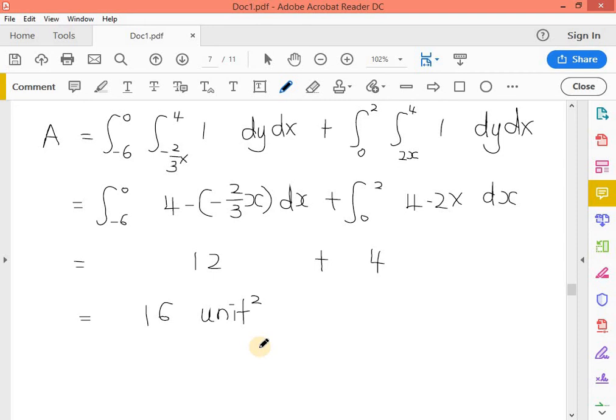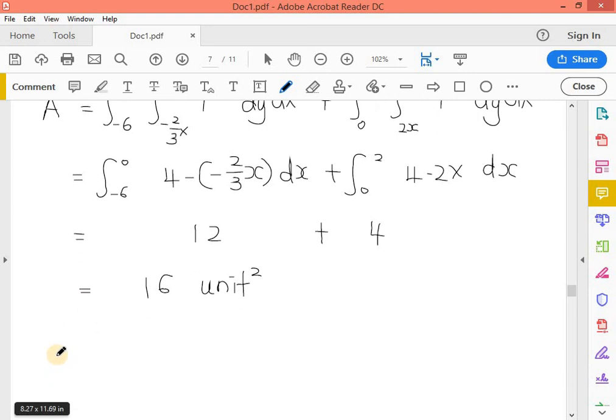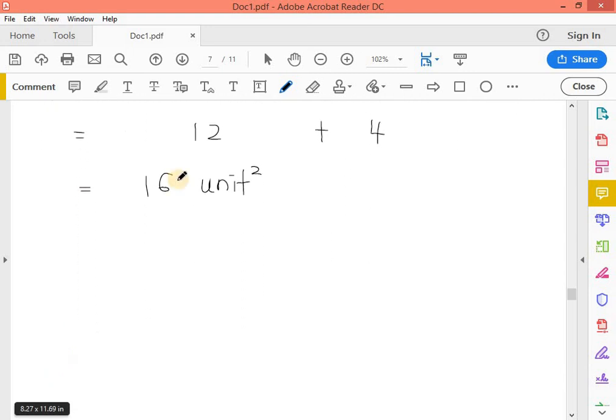Try question B. That is the same example, Example 2.3, page 52. Just now we tried A. Now we try B. Don't look at the answer, try yourself first.